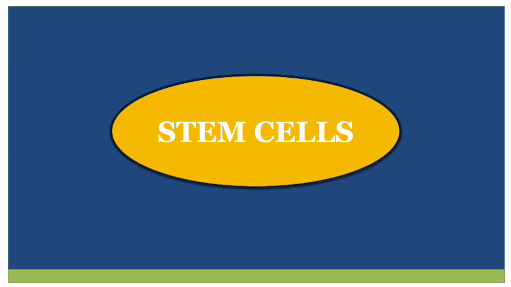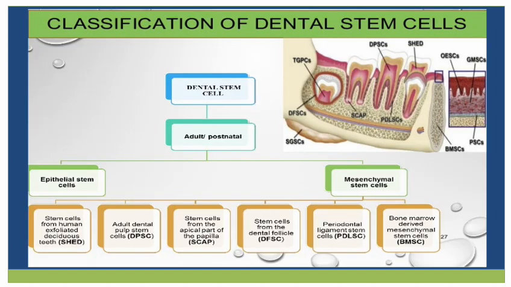Let's look into the triad one by one. First one, the stem cells. The adult dental stem cells can be classified into two, epithelial stem cells and mesenchymal stem cells. The mesenchymal stem cells are derived from 6 different sources.